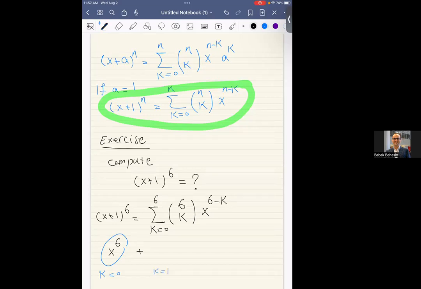What is 6 choose 1? It is 6. So you have 6 times x to the power 6 minus 1, which is 5. You see, you compute that term inside the sigma symbol for each k, and then you add them together. That's the logic.